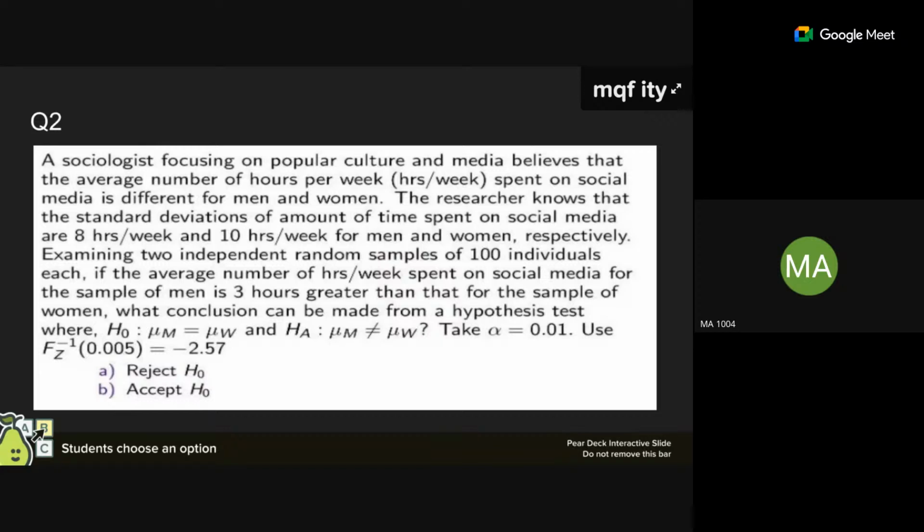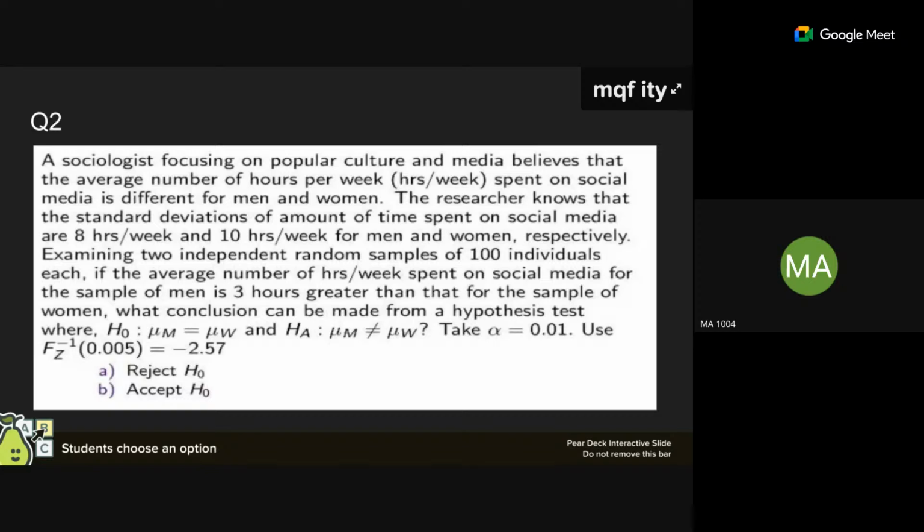So they have measured the average hours per week for the men's group and for the women's group, and then they found the difference, that the time spent by the sample of men is 3 hours greater than the sample of women. So on an average, they said that the time spent by men and women is not equal. Okay, so we will be checking against that.